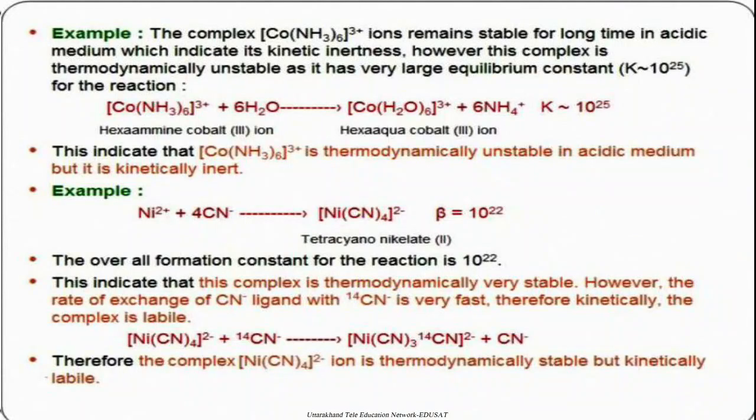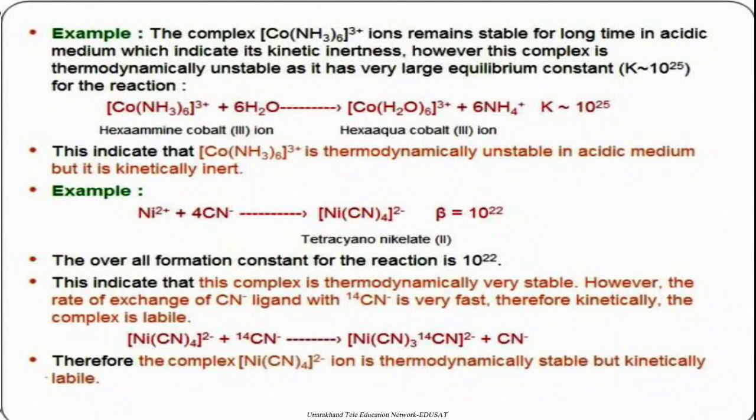Means these ligands are exchanging and coming inside also, but here we have taken the isotope carbon 14, and on behalf of this we have observed the exchanging of these ligands. And here you see Ni(C12N)3 and this is C14N.